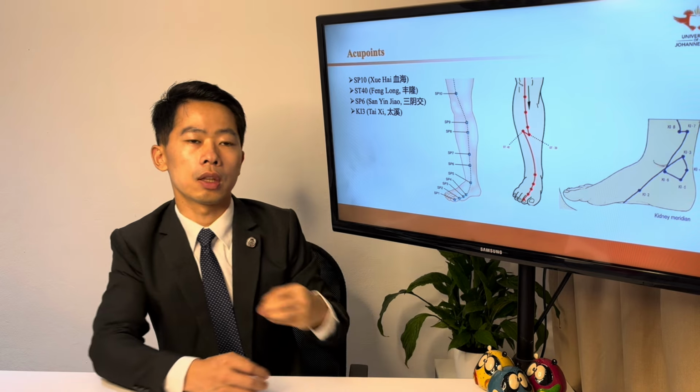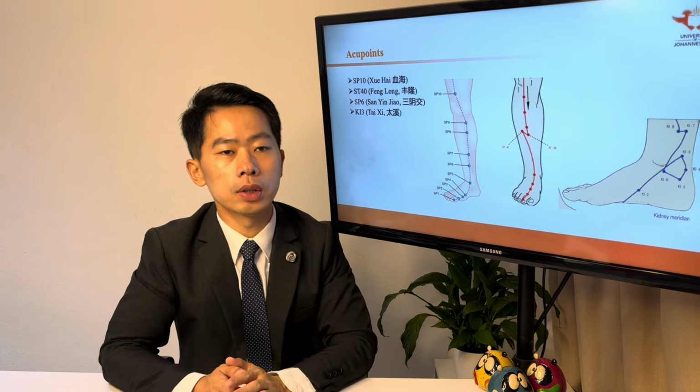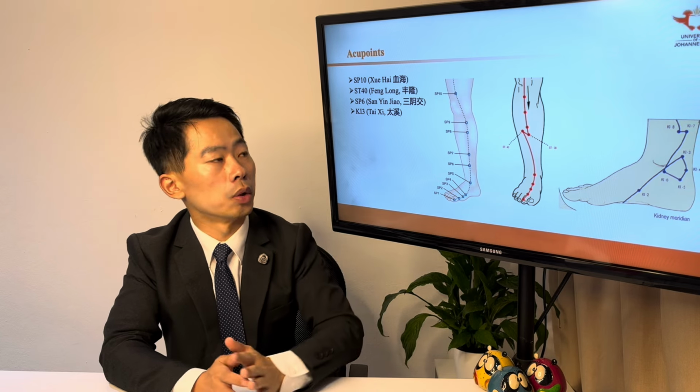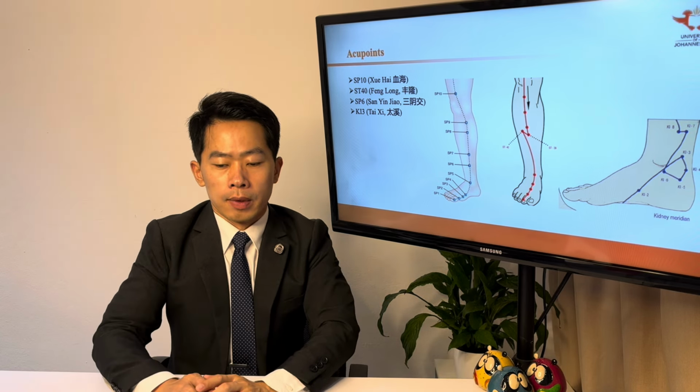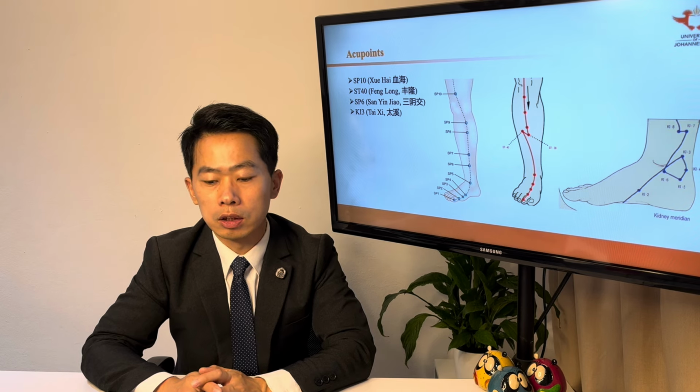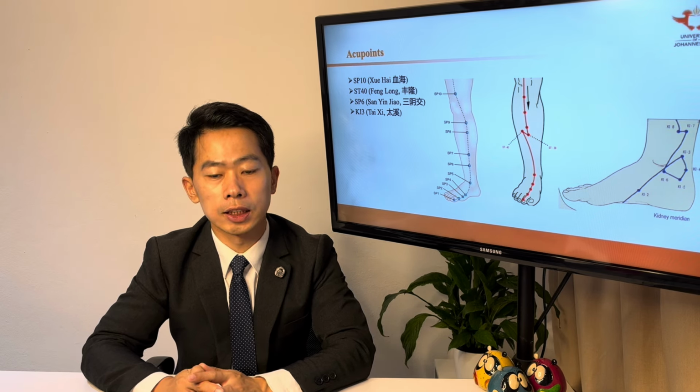So just think about it: it's not only the points, but the flow of qi and blood on the meridian. Kidney 3 is one of the most important points to tonify kidney. This is also the yuan source point of kidney.